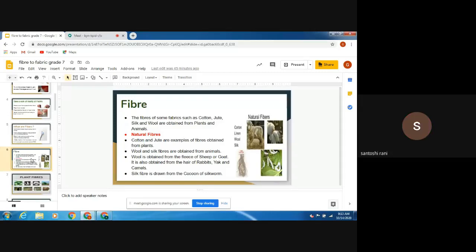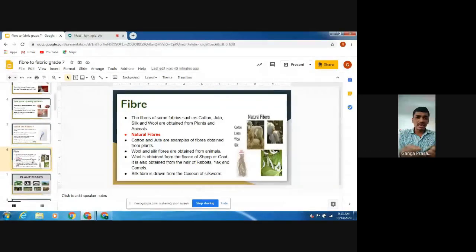So, with the help of yarns, arranging two sets of yarns to make fabric is called weaving, the process of making fabric. See here, if you observe the fabric, the fabric is made by yarns, threads, right? If you observe carefully, some of the yarns are arranged vertically and some of the yarns are arranged horizontally. This is how they arrange yarn to make fabric.